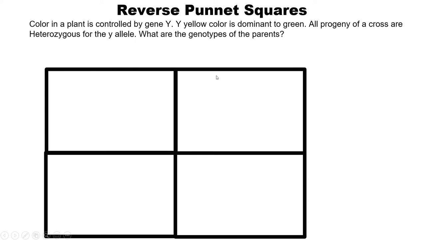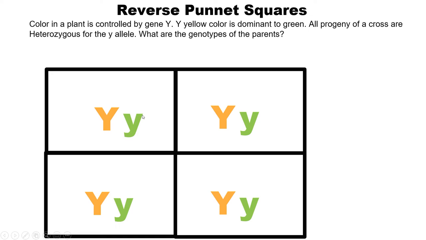I always draw my Punnett square, even for the reverses. So all progeny are heterozygous, so that means in each one they're going to be, again, the mismatched alleles, one dominant and one recessive, and I'll do that for all 4. And then to solve these, you can literally just take one allele back on each side, right? So let's just assume that this big Y came from this parent.